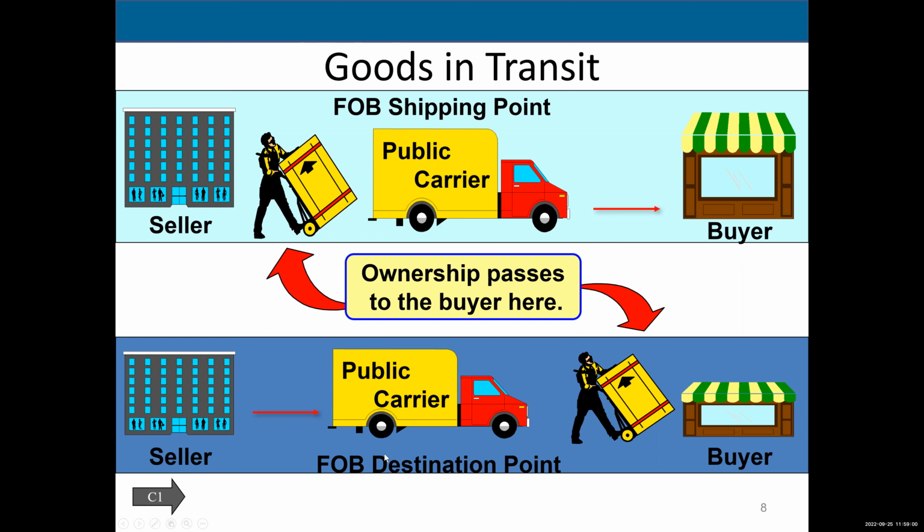Now, if it's FOB destination, it's free on board at the buyer's place. That means the seller has paid the freight. So as long as it's on the truck, it does not belong to the buyer. It's the seller's. So when does title pass? Well, as soon as the merchandise inventory is delivered to the buyer. Ownership passes here at FOB destination.